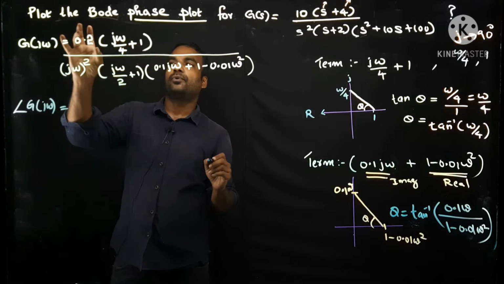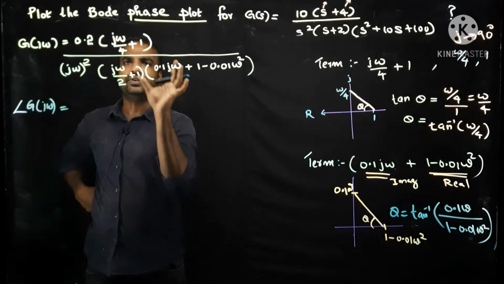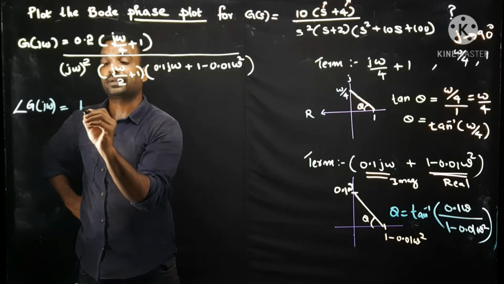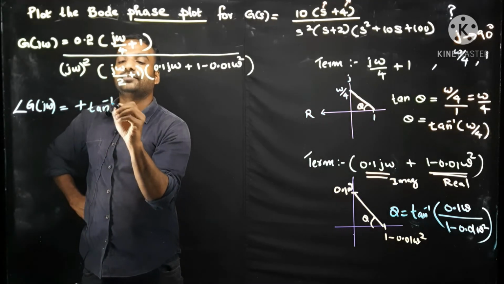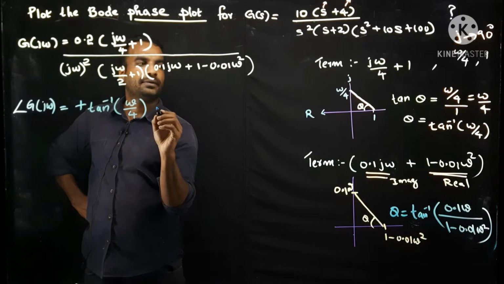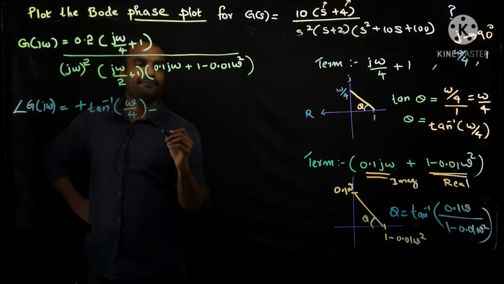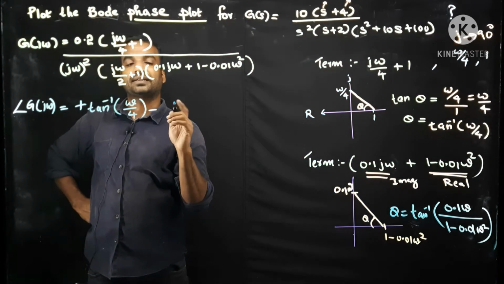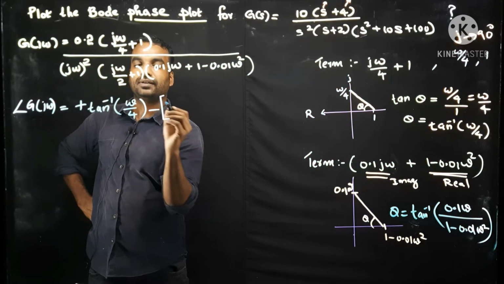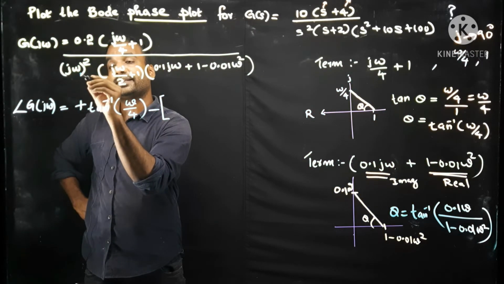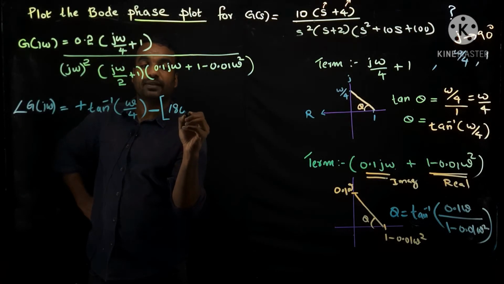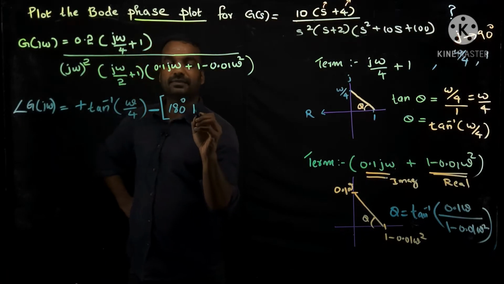This is very interesting. 0.2 is a constant term, no angle, leave it. First term, j omega by 4 plus 1, is in the numerator, so it is plus tan inverse, we already know that, omega by 4, minus. All the other terms are in the denominator, so we can take minus common. First term is j omega square, so as it is in the denominator, it is minus 2 into 90, minus 180. So minus is there outside, then 180 degrees plus. Why am I writing plus?